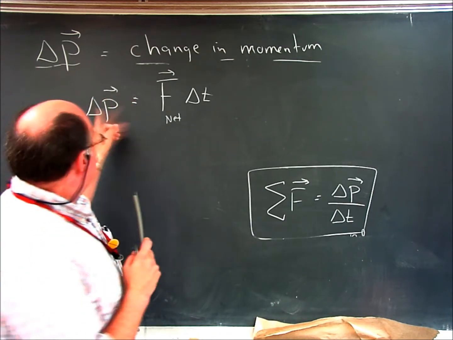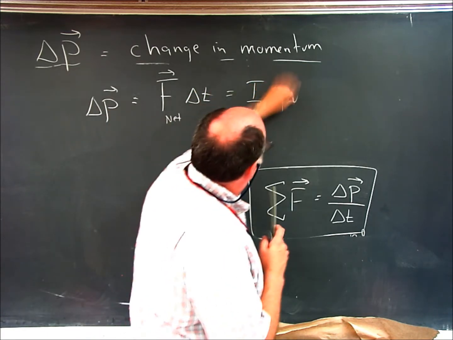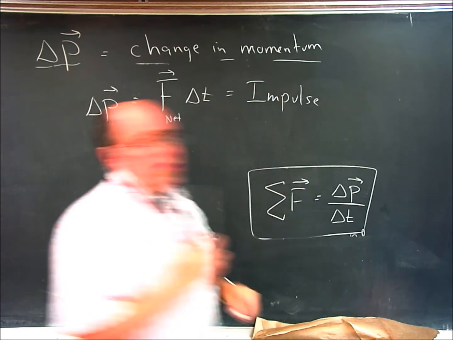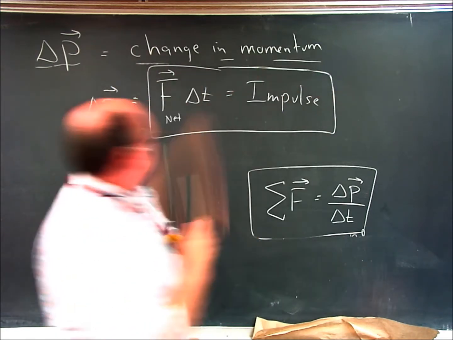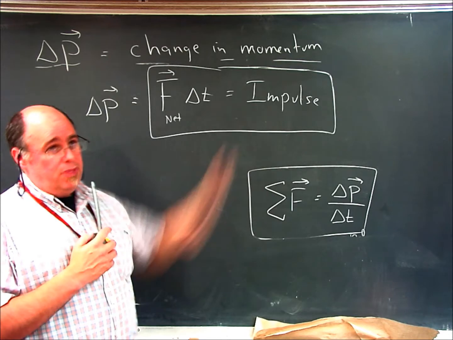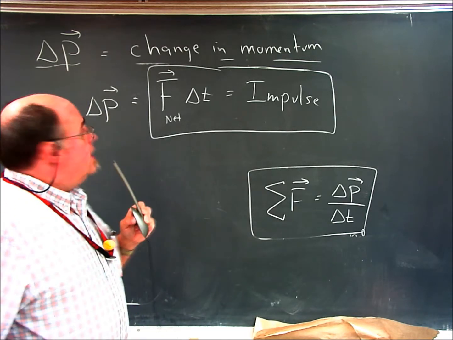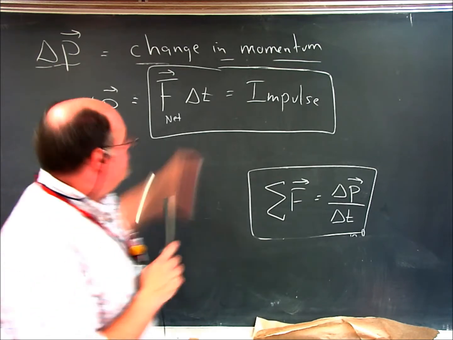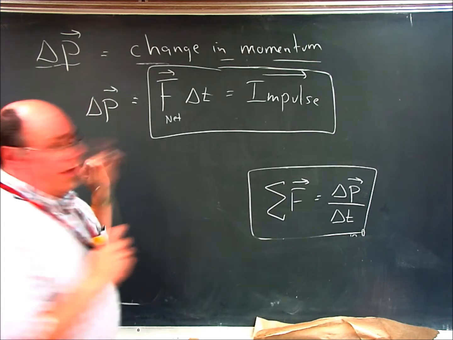So this by itself would be called an impulse. Our book uses impulse as basically this. Some books use a symbol for impulse, some use a capital letter I. Our book just calls it the word impulse. So impulse is a vector. I don't know how to draw this for a vector, but impulse is a vector. It has a direction.